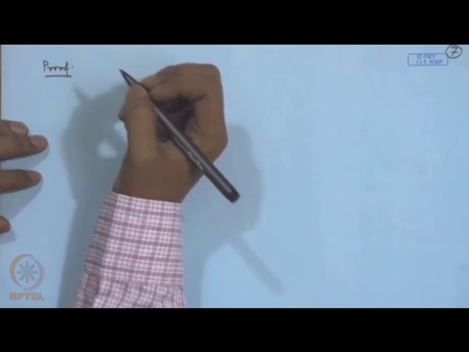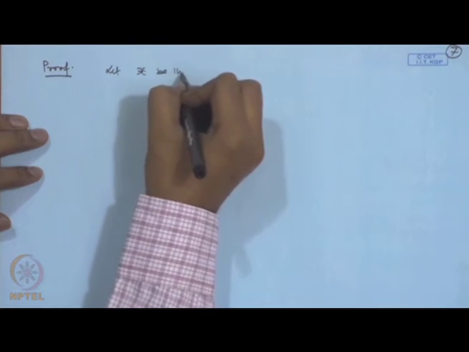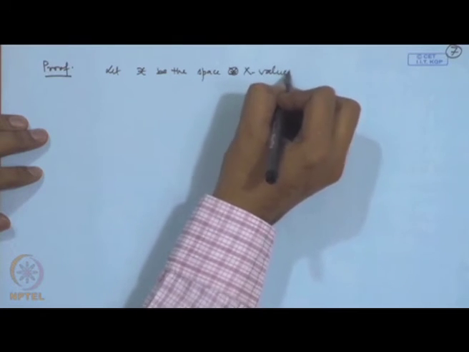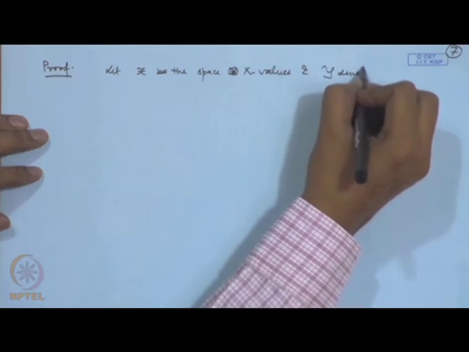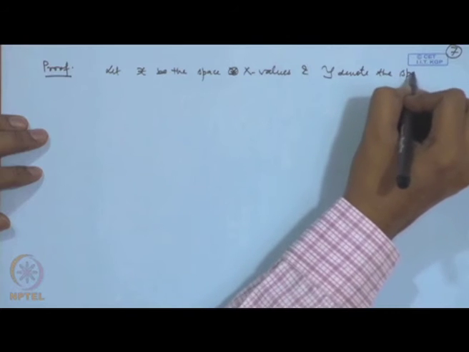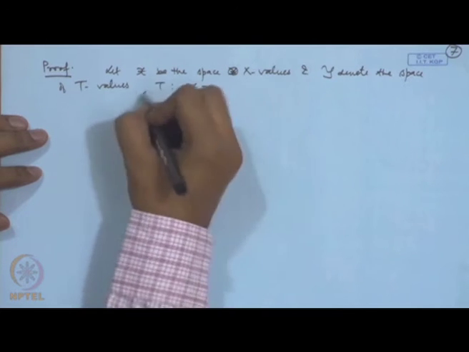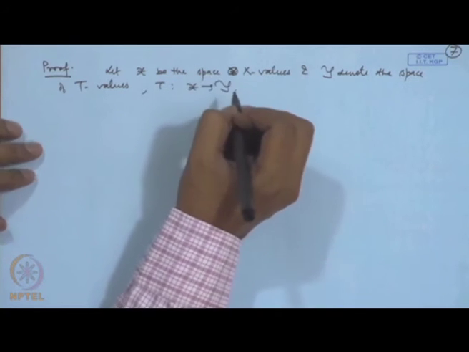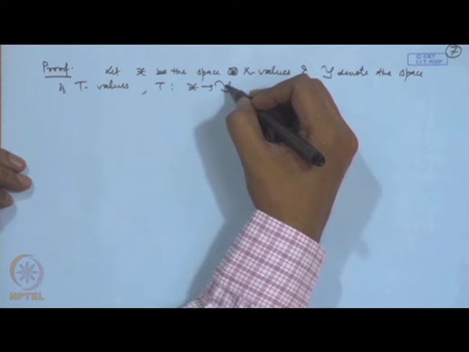So, let X be the space of x values and say Y denote the space of t values. That means T is a function from X to Y. Naturally, we will be considering sigma fields of subsets of X and similarly a sigma field of subsets of Y also.